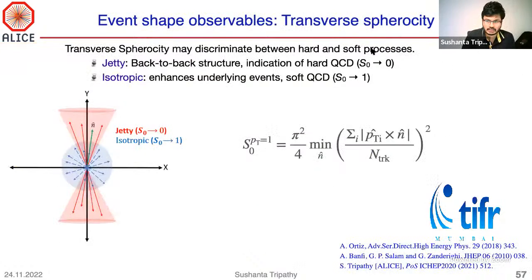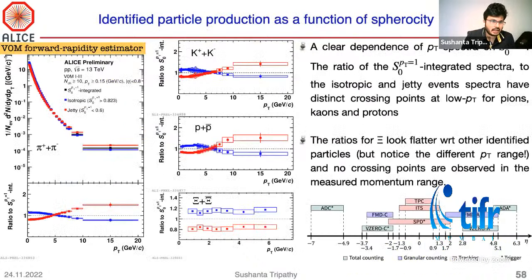When I say jetty, I mean spherocity tending to 0, and then the isotropic events are the blue markers. In the lower plot, we have the ratio to the spherocity integrated case, for the jetty and isotropic. As you can clearly see, these event shape observables are very instrumental in separating out the events which are dominated by jetty or isotropic events. And this can also be seen for the other particles, kaon, proton, and phi as well.